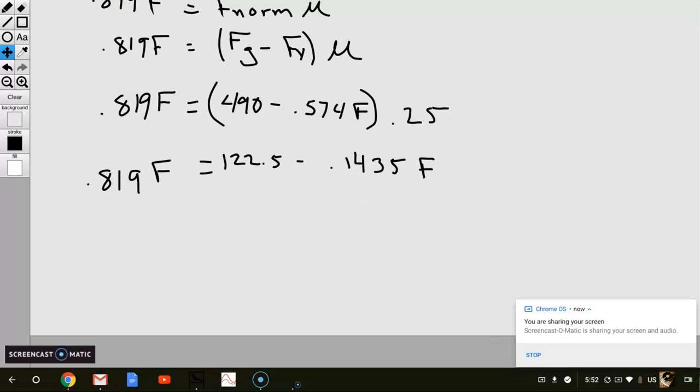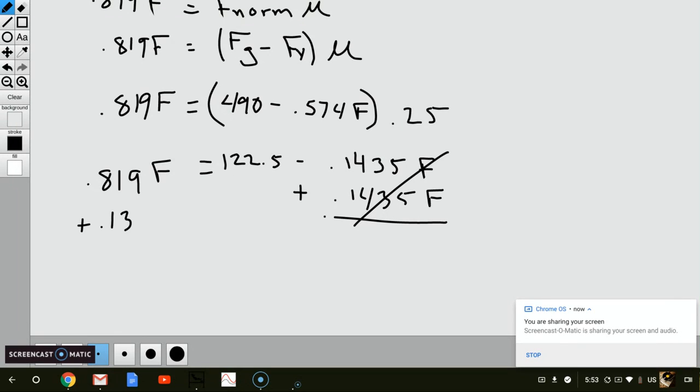All right, so now all we need to do is solve for F. If we add 0.1435 F here, that will cancel. So we're going to add 0.1435 F over here plus 0.819 F, and we get 0.9625 F is equal to 122.5.